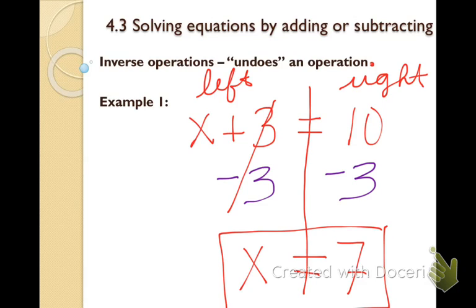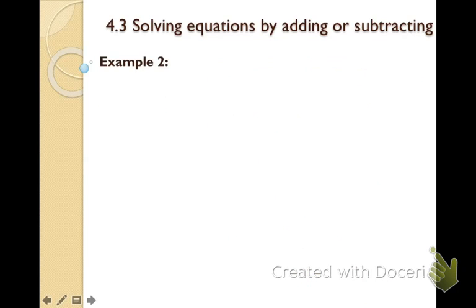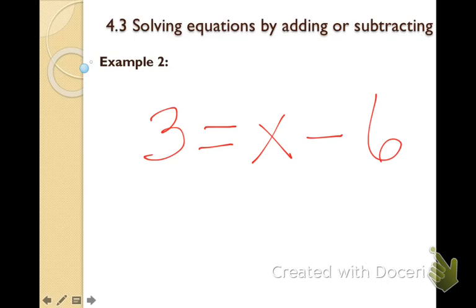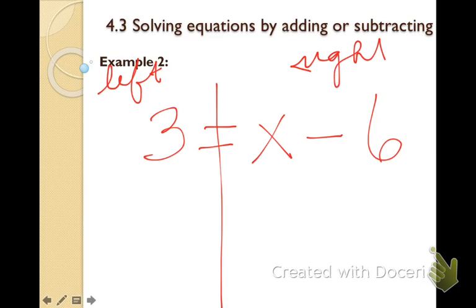Let's do another example. Let's say I have 3 equals x minus 6. Draw my line down the equal sign. I have my left side, my right side. Right now I have x minus 6.